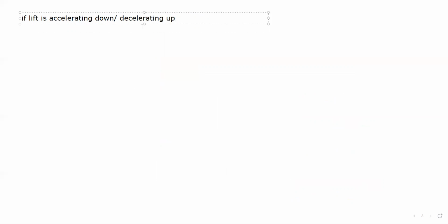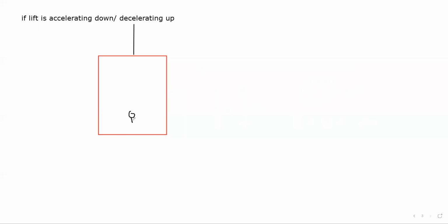So if the lift is accelerating down or decelerating up, so this is a lift attached with a cord, and a person is there inside the lift.